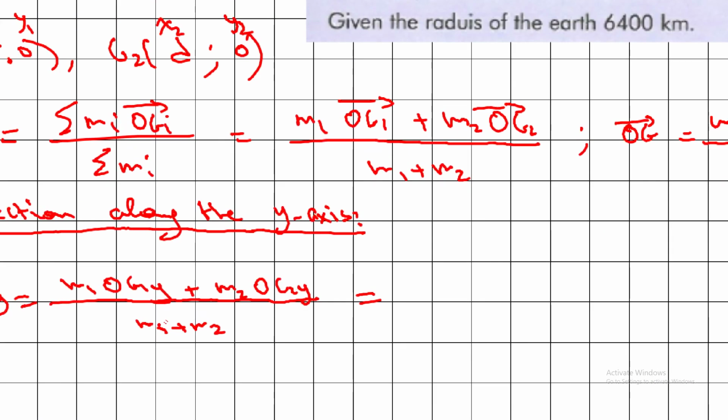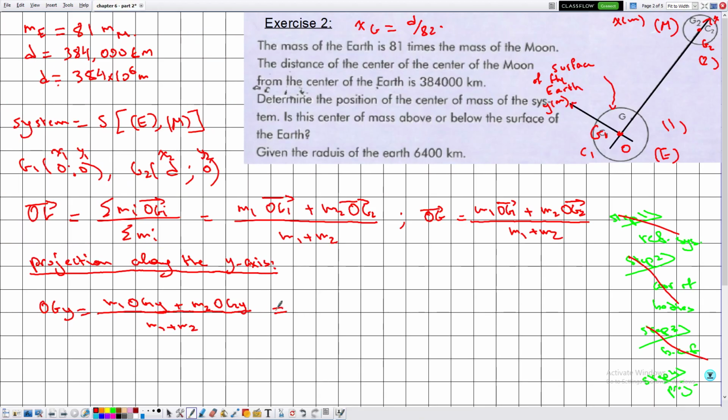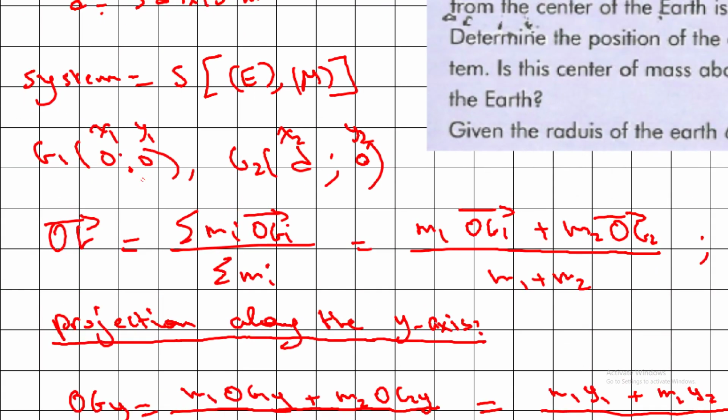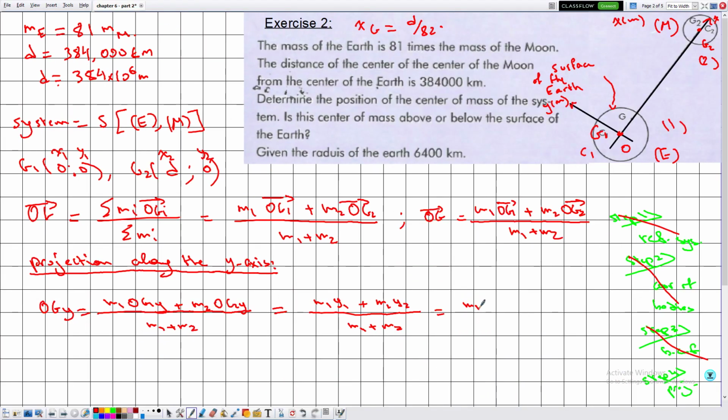So since we are measuring coordinates with respect to the origin, then M1 y1 plus M2 y2 divided by M1 plus M2. So y1 is given by 0 as well as y2, so it's given by M1 multiplied by 0 plus M2 multiplied by 0 divided by M1 plus M2, which is equal to 0 divided by a number, which is 0. So in this case yG is equal to 0.